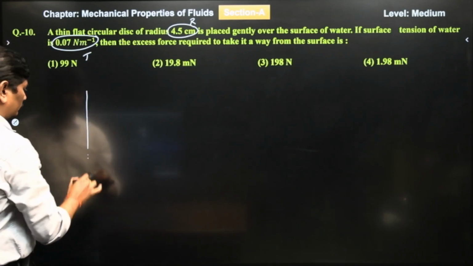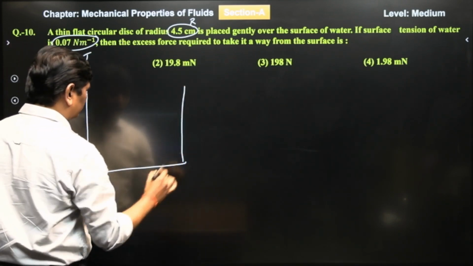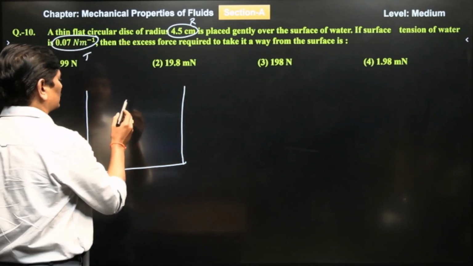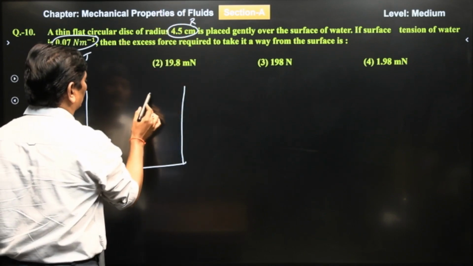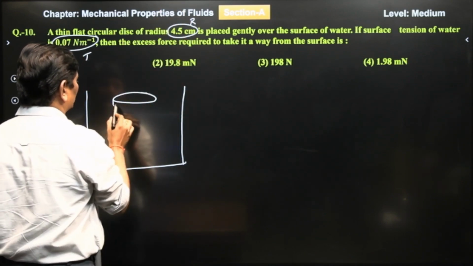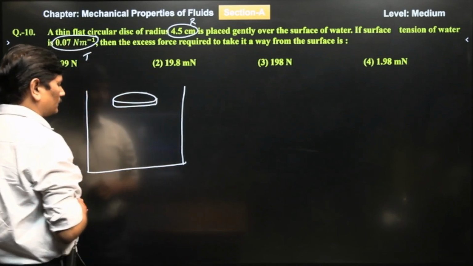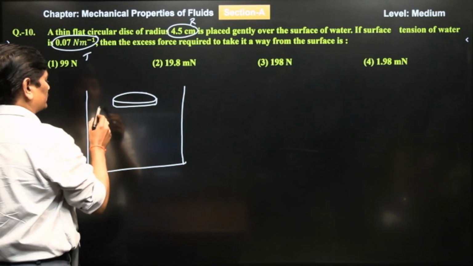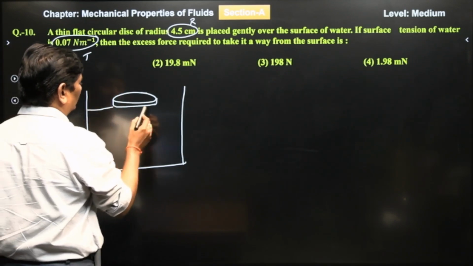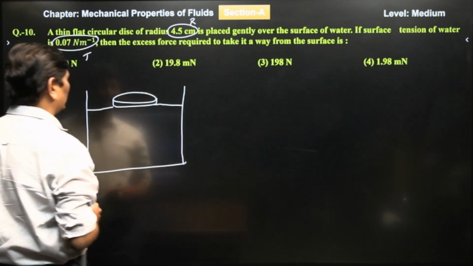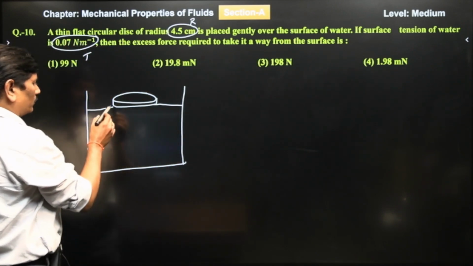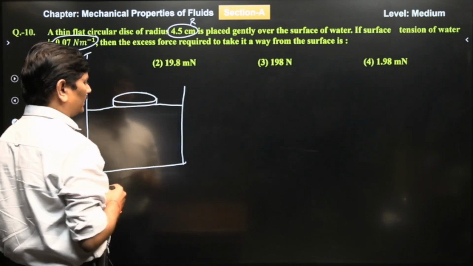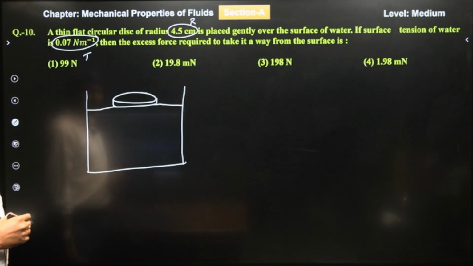Now see, suppose this is a container, in the container there is a liquid, and on the free surface of the liquid there is a circular disc. When the disc is on the surface, liquid molecules are attracting that disc.